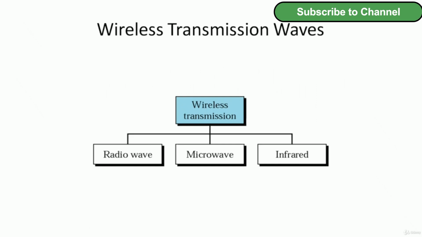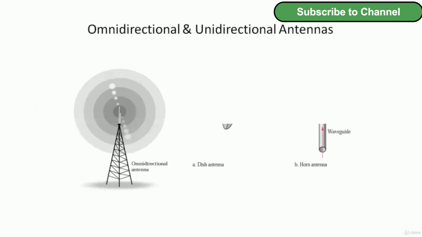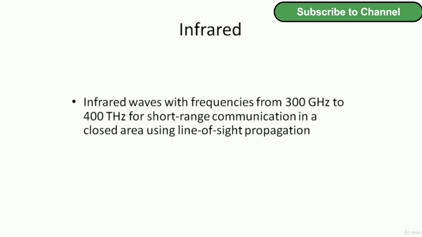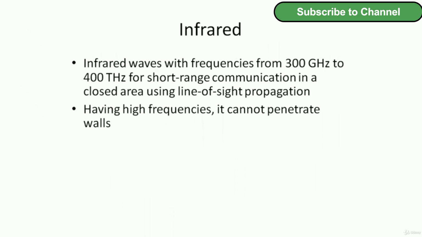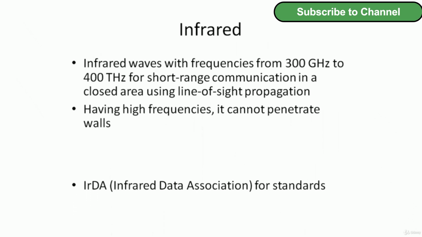So all these transmission media, wired and wireless, we have studied in this lecture. Different antennas used here. Then the infrared, the range of these frequencies, then the advantages and disadvantages of that.